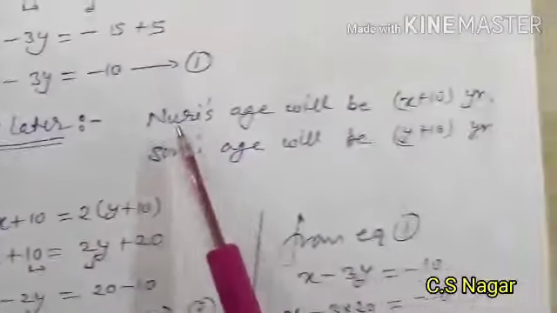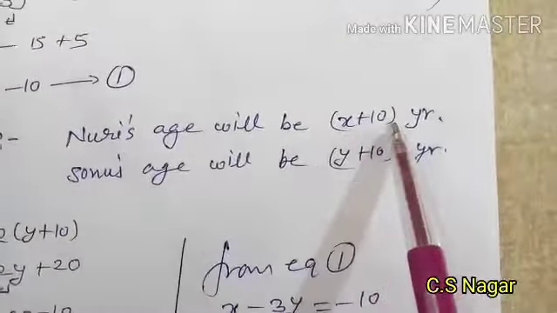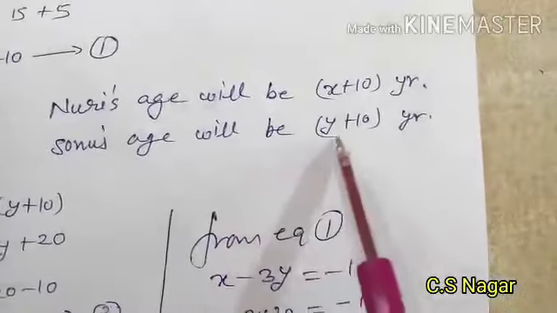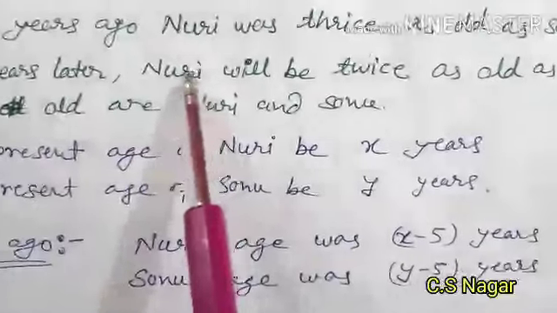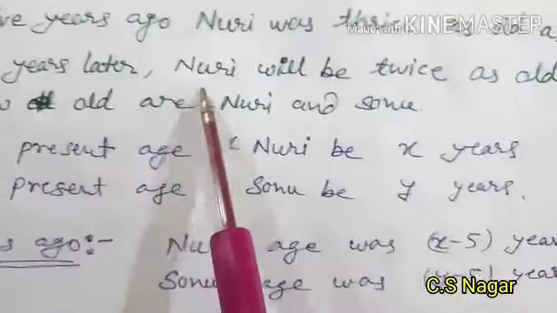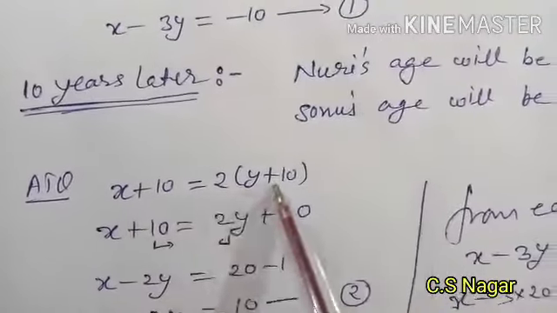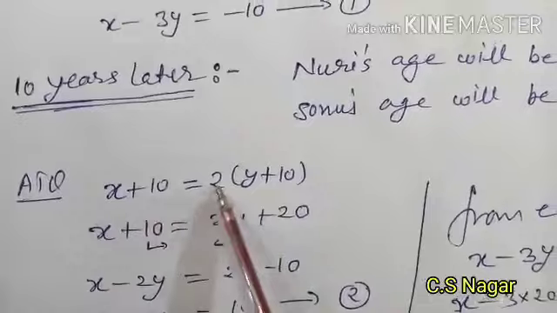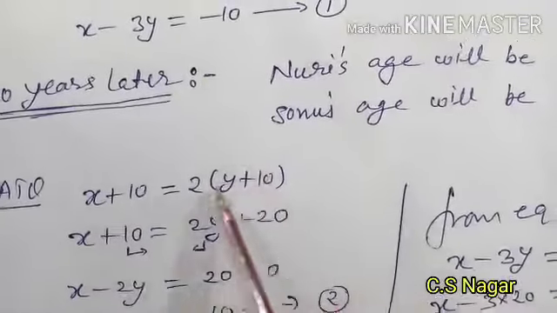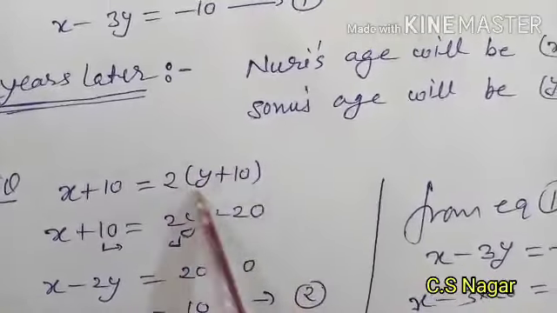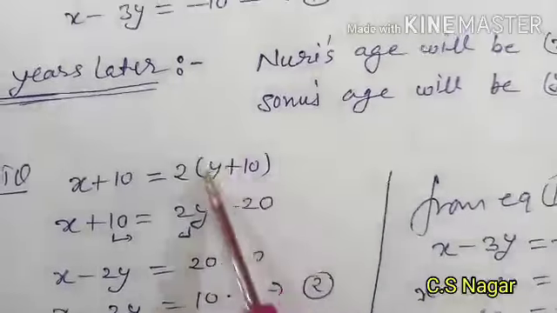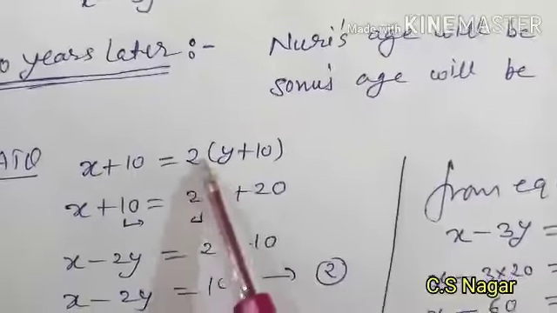10 years later, Noori's age will be x plus 10 and Sonu's age will be y plus 10 years. Now what is the condition? Let's once again read the question. 10 years later, Noori will be twice as old as Sonu. So this is Noori and this is Sonu. So Noori will be twice, means 2 times. So Sonu multiplied by this 2.